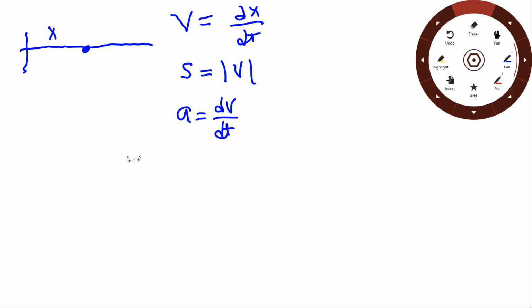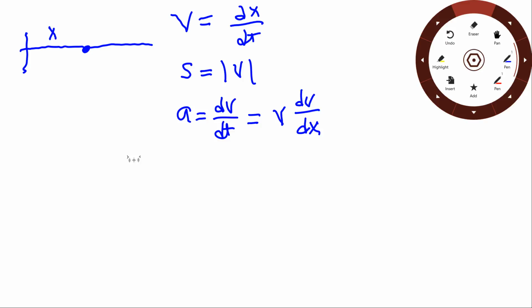Occasionally it's convenient to use another formula for acceleration, which goes when velocity is given in terms of position, v dv/dx, and that's given in the textbook. You can see where that comes from, and that is equivalent to the derivative of velocity with respect to time.